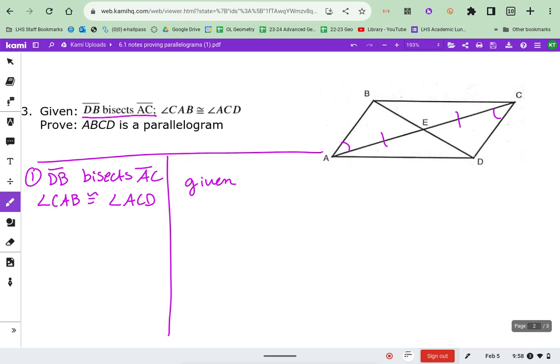If you can show that the diagonals bisect each other, then you can prove that.